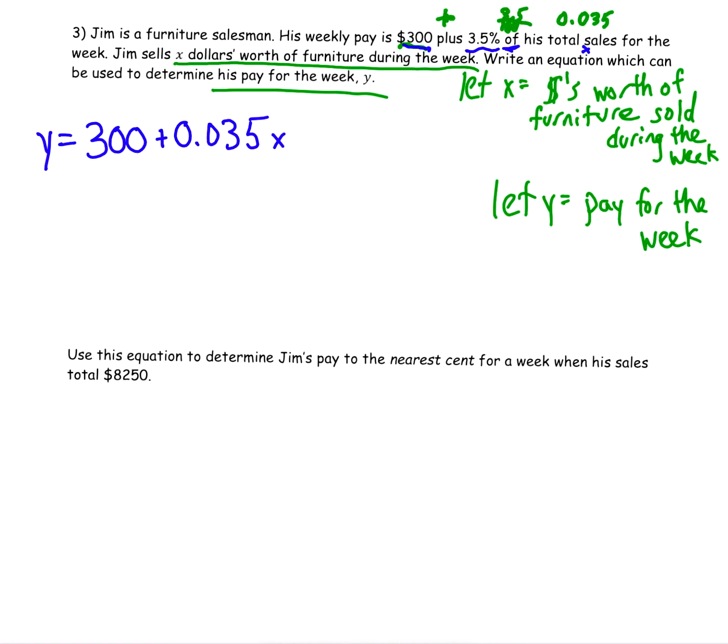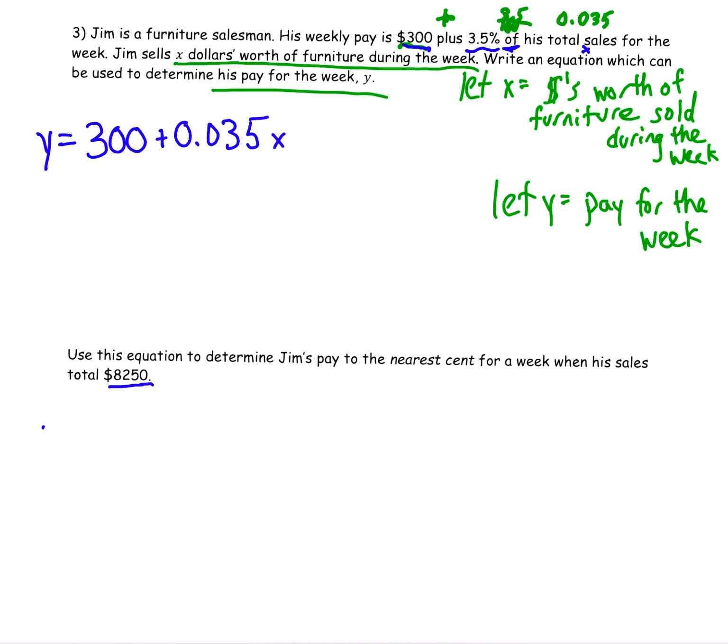So step 2, it says use this equation to determine Jim's pay to the nearest cent for a week when his sales total $8,250. So this is also why let statements are nice, because this $8,250 could be the x or the y, but our let statement for x says the dollars worth of furniture sold during the week, and that is what the 8,250 is.